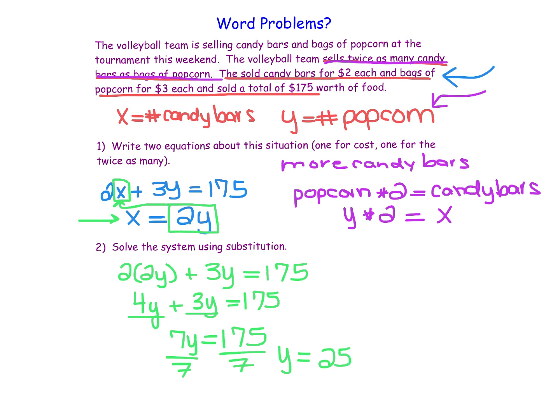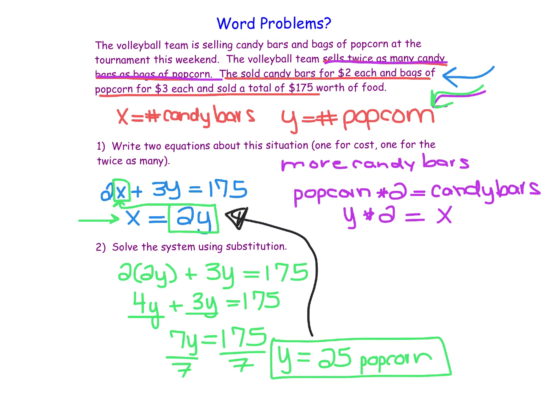Now I have to think about this for a second. Remember, y represents popcorn. So I sold 25 bags of popcorn. But remember, we have two values that we need to know from this problem. So I have 25 popcorns, and let's use one of these original equations to help us determine how many candy bars we actually sold.